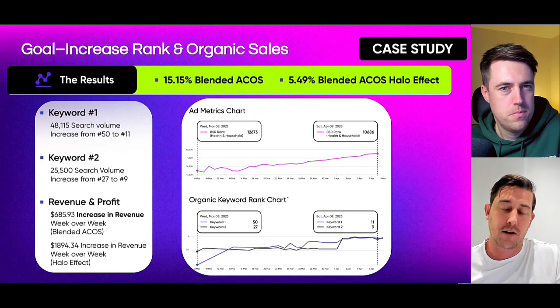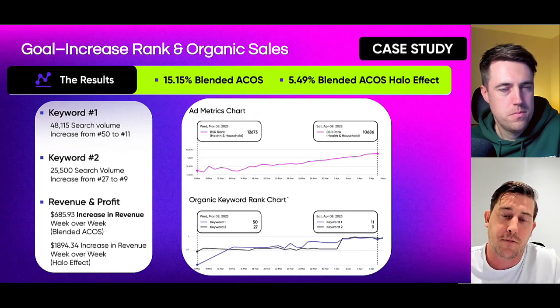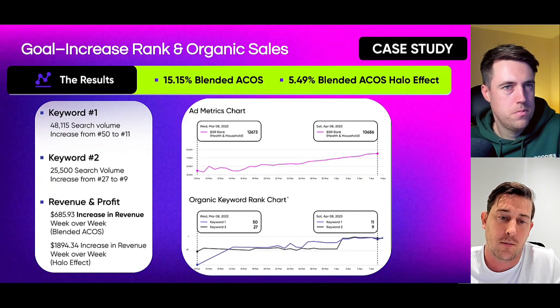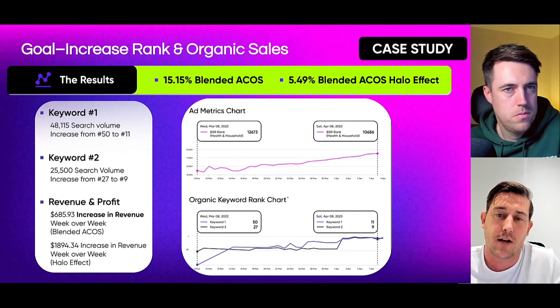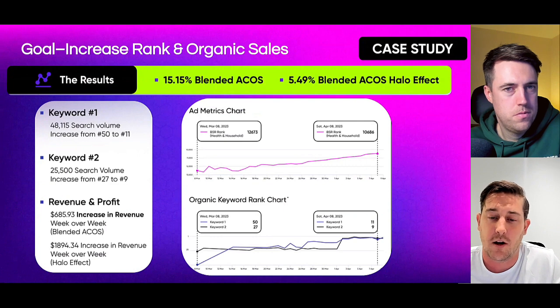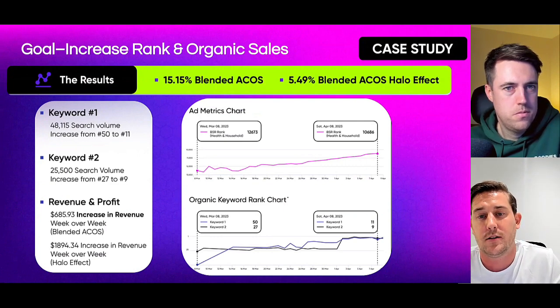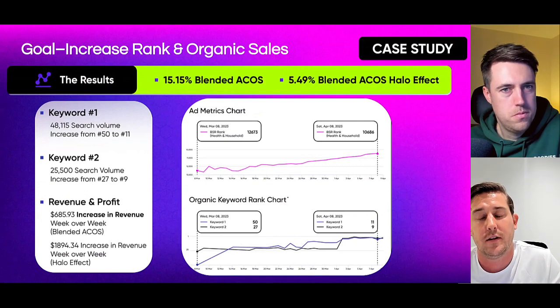But the bigger story here is that we ranked him from number 50 to number 11 on a 48,000 search volume keyword. On a 25,000 search volume keyword, he went from number 27 to number 9. His sales obviously exploded, and his BSR rank went up. His organic sales went up, and when we calculated the blended ACOS, we had it at 15%.